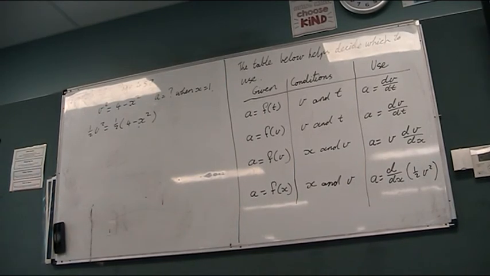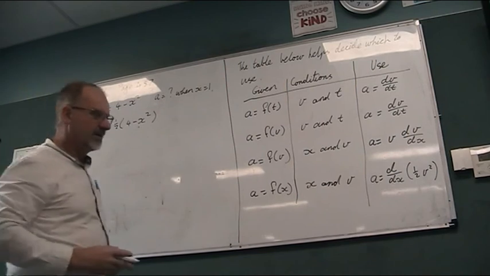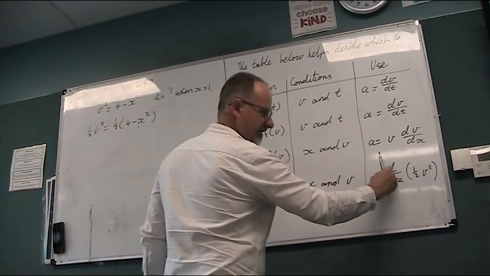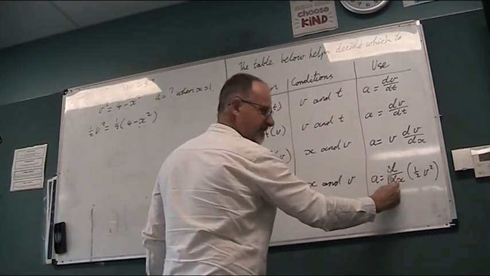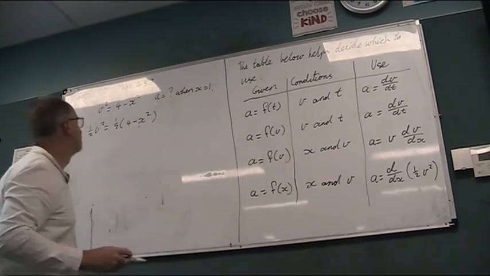Yep. If I then say, okay, because it's asking for acceleration, and I know that if I differentiate half v squared with respect to x, that's going to give me acceleration.